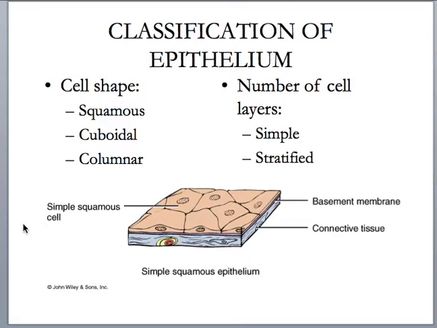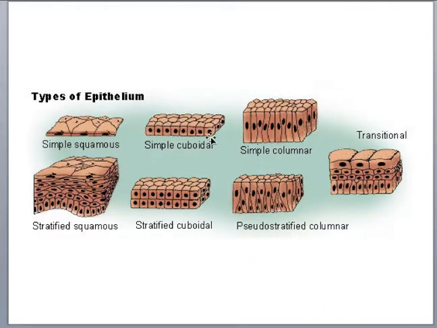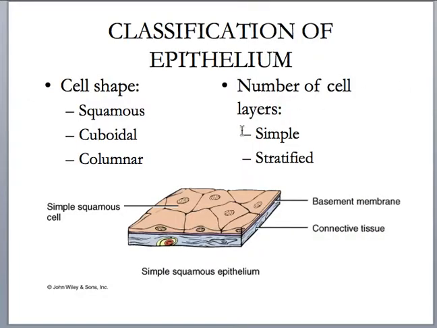Cuboidal, exactly what that sounds like, cube-like. So these cells would be roughly equal on all four sides, giving it a cube-like appearance. And then columnar, meaning they are taller than they are wide, and so they look like columns. So this is columnar.